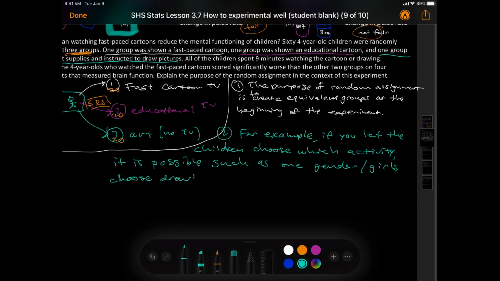Like they might gravitate towards one. Well, that was really bad. Now I'm saying drawing. Like one gender might choose, like boys might choose the fast-paced cartoons, or the boys might choose the educational cartoon.